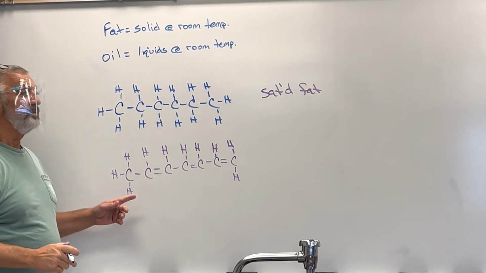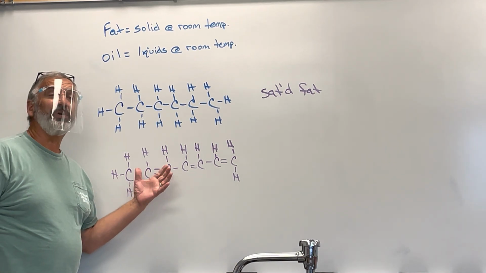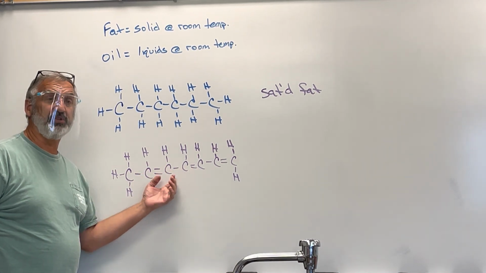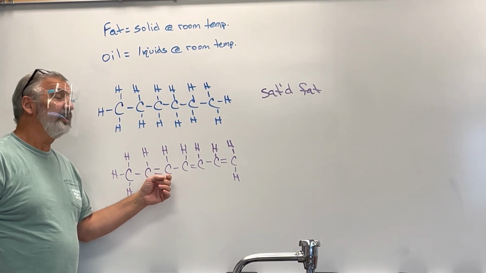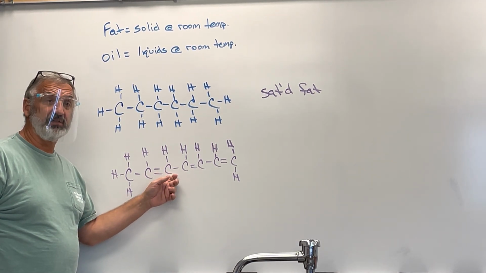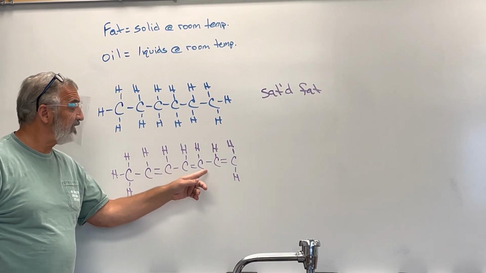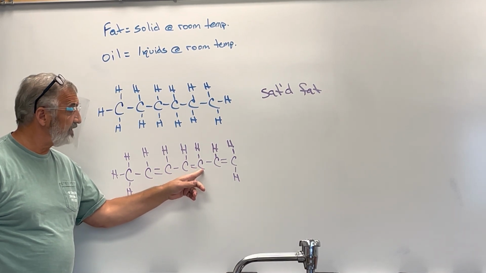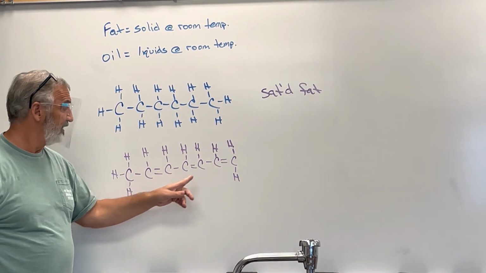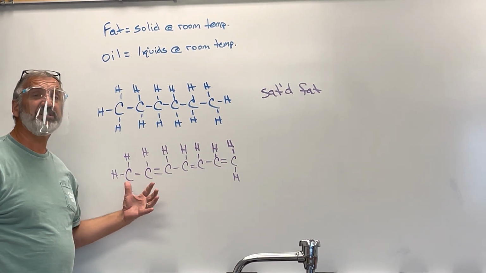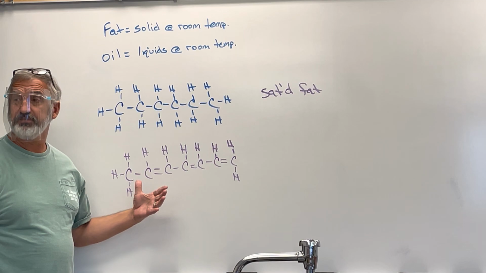Okay? We could hydrogenate this molecule. We could add hydrogen gas to it, and we could break the double bonds and add more hydrogens. Anywhere there's a double bond, I could put a hydrogen here and a hydrogen here. I could put another hydrogen right there, put 2 more right here. So it's unsaturated in terms of hydrogens.